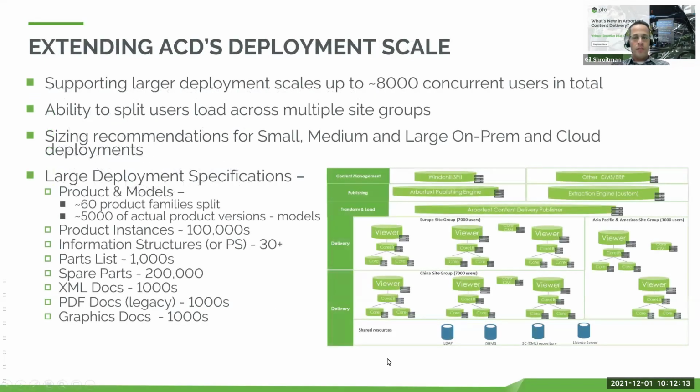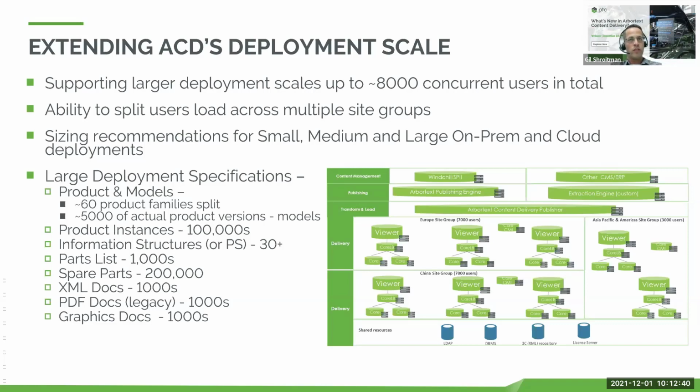And the last item in this release highlights list is some improvement that we have made along the lines of making ACD, or Arbortext Content Delivery, suitable for much larger scale deployments. It's now capable of hosting up to around 8,000 concurrent users simultaneously.